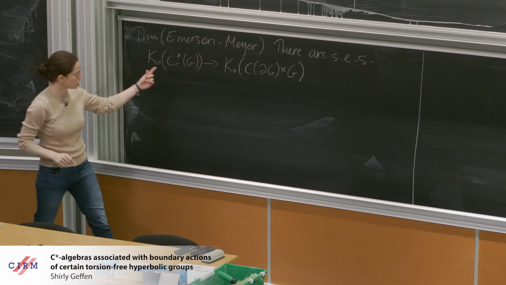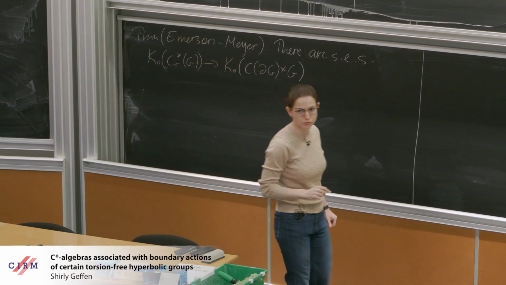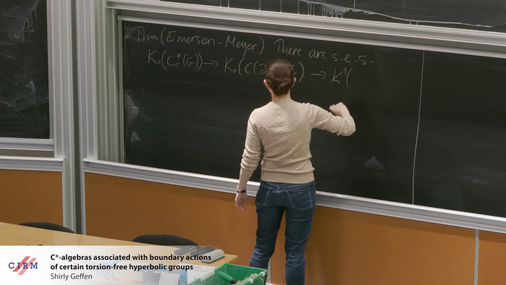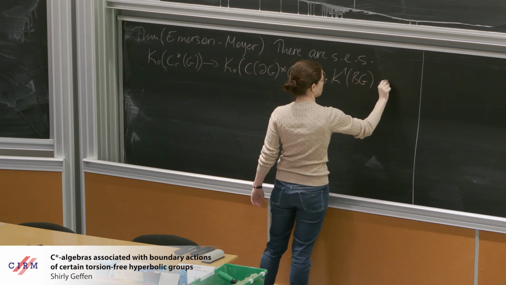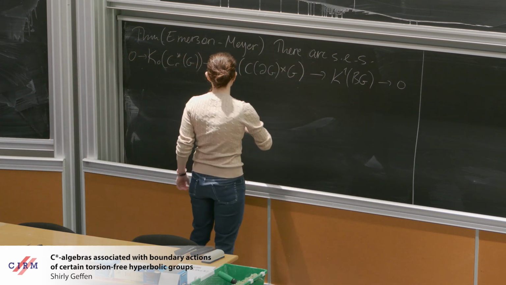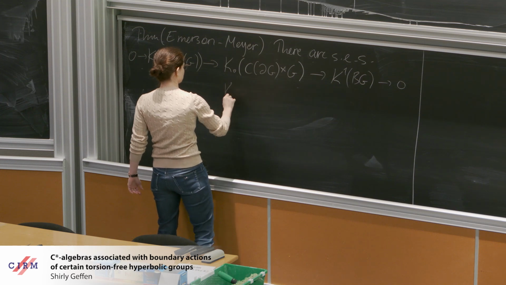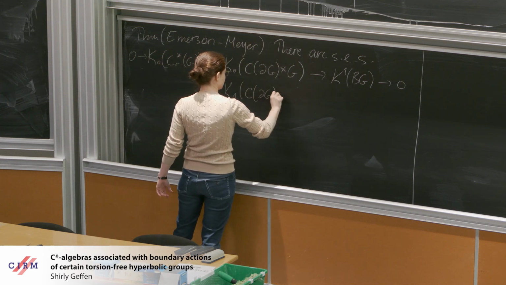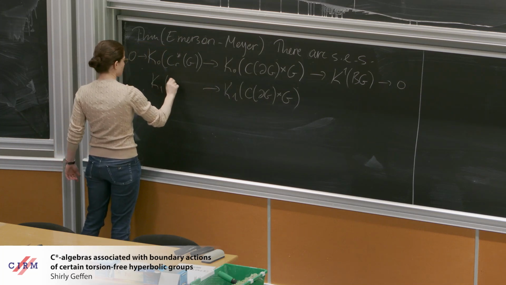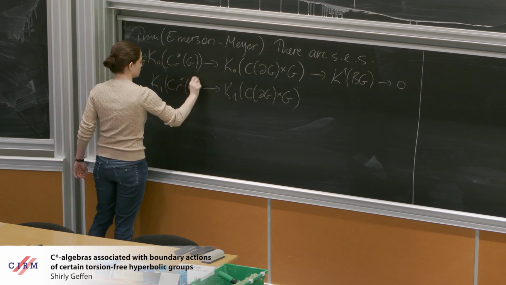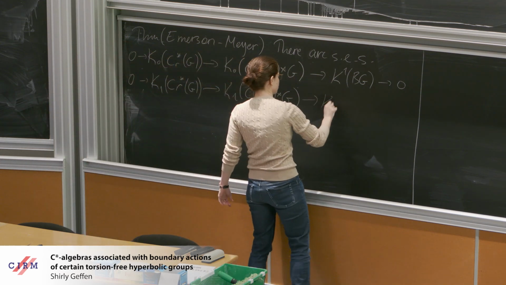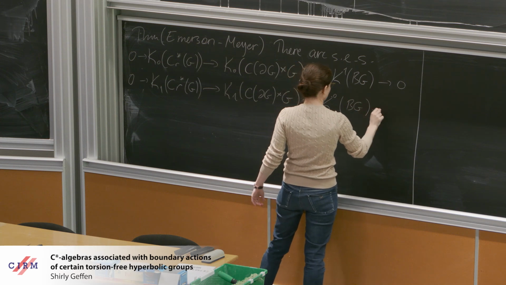Where here is the canonical inclusion of the reduced group C-star algebra inside of the cross product, and the quotient is K1BG. And similarly for K1 of the cross product, has a normal subgroup K1 of the reduced group C-star algebra, and as a quotient K0 of BG.